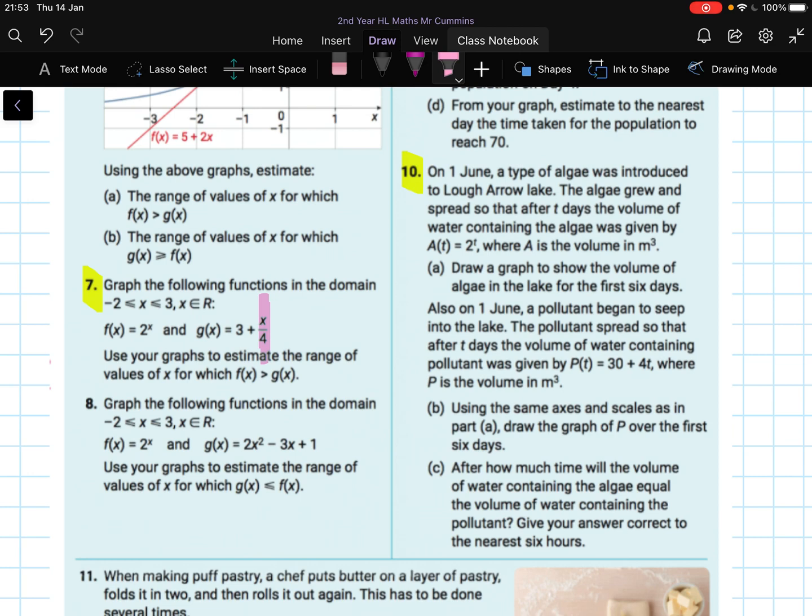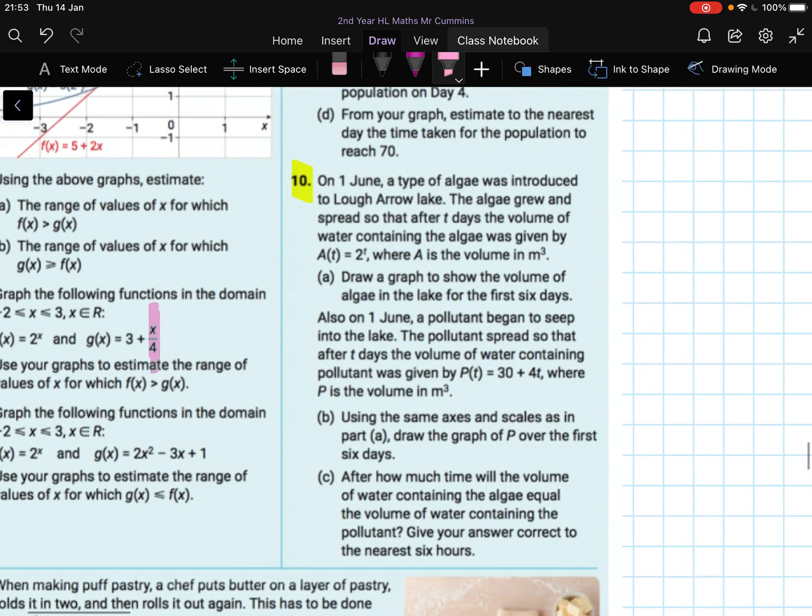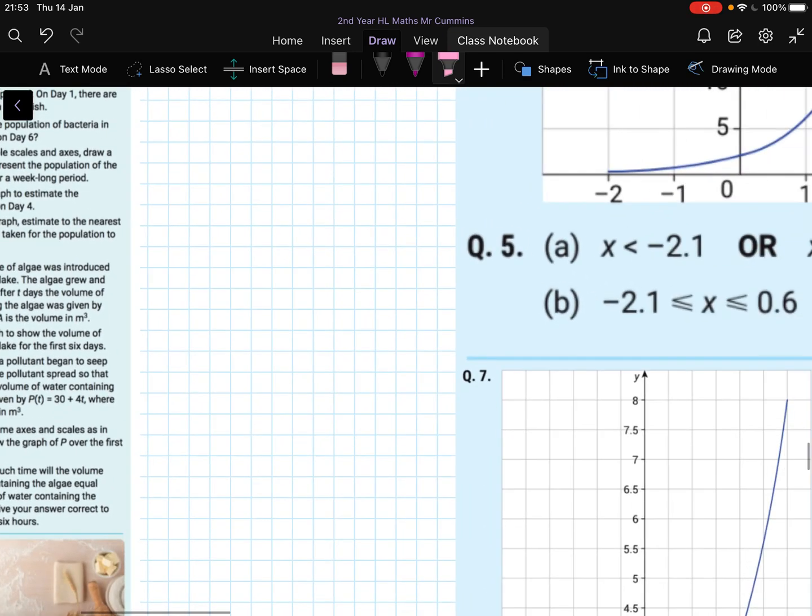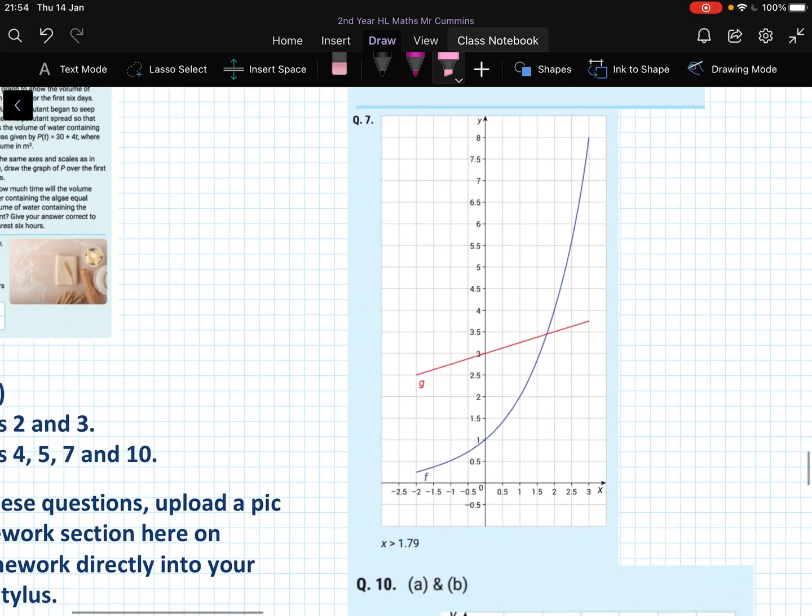So it's just putting in 2 to the power of -2, 2 to the power of -1, 2 to the power of 0, 2 to the power of 1, 2 to the power of 2, 2 to the power of 3, and the same for g of x. So instead of the x, you're just subbing in the domain again. So we'll just have a quick look at the solution to that. So you're going to draw the graphs. So you have two graphs, and then where is f of x greater than g of x? So if we go over to question 7, there's your graphs drawn there.